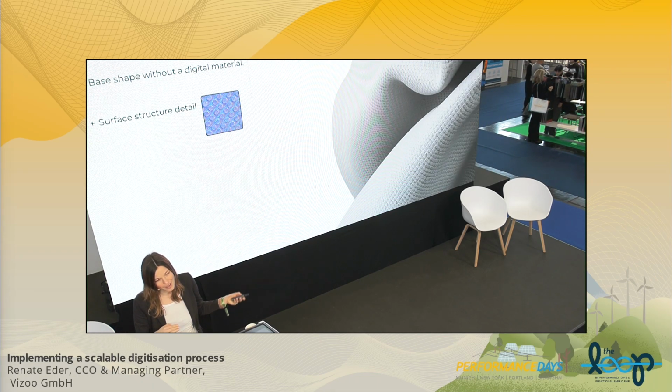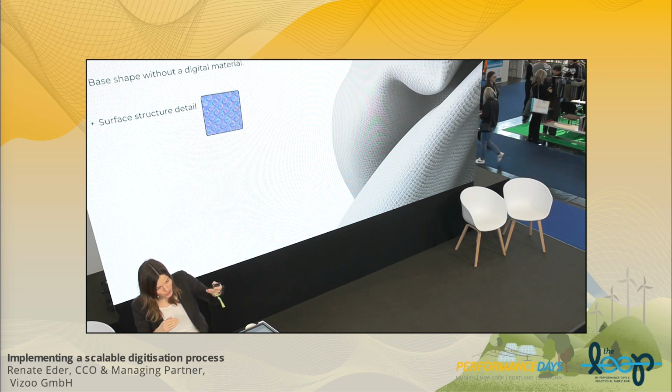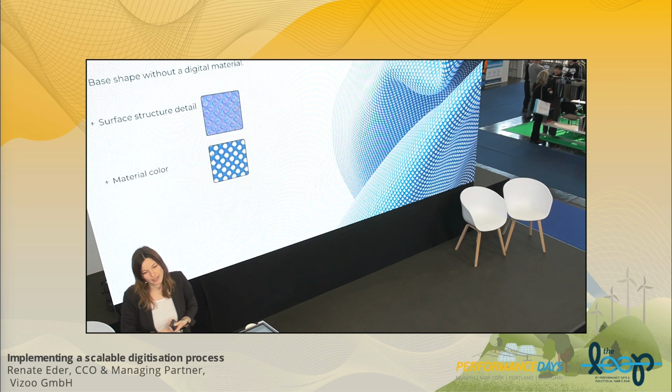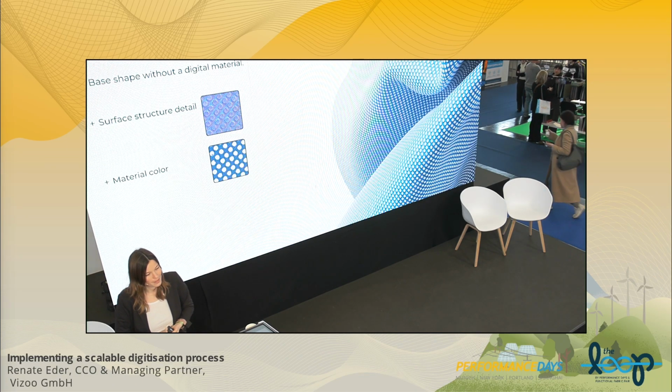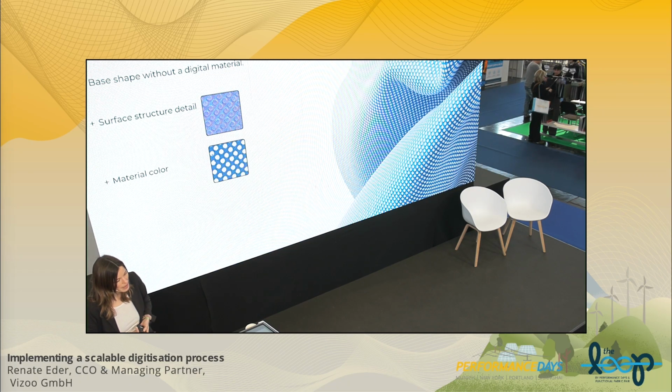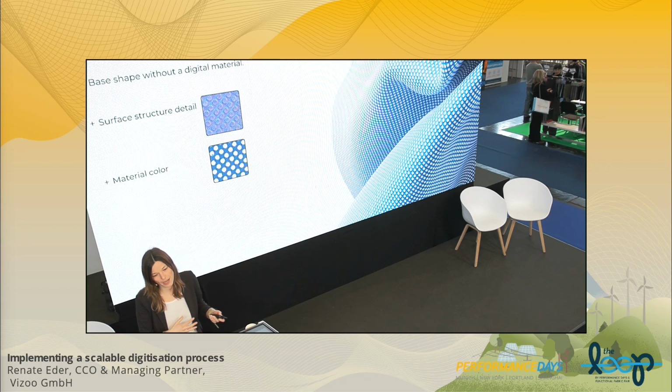So we're doing a composition of the single aspects of material in this 3D space. A second image would be the color image. We would add the color on top in our 3D environment to have now the color and structure impression.